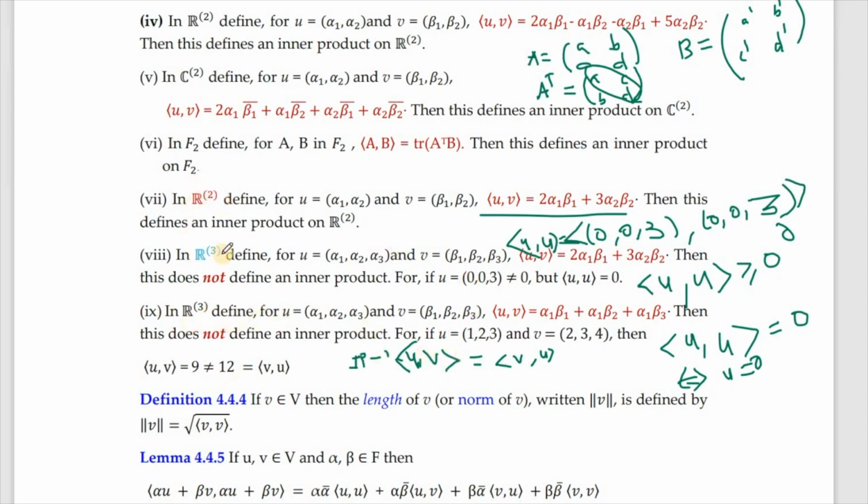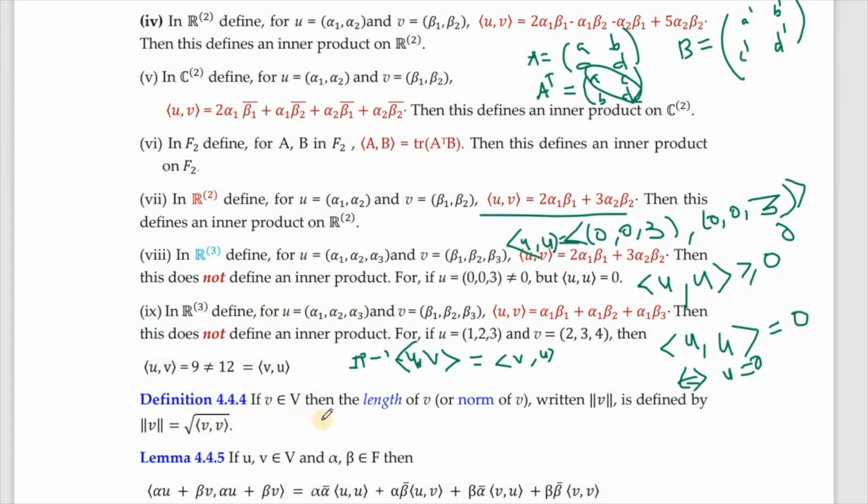Here space is different, inner product is the same, but in this R3 under this inner product, we don't have the conditions satisfied. So by changing the vector spaces or by changing the inner product, we may or may not have the given vector space to be an inner product space.